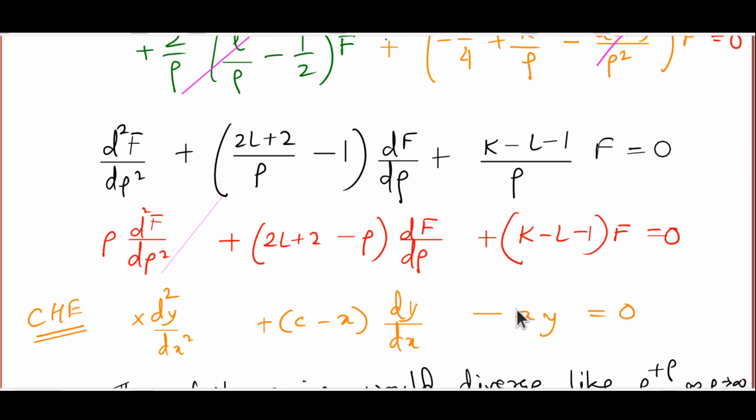A and c are the two parameters describing this problem, and you can see right now that apart from the fact that x is called rho in our equation and y of course is called capital F, this equation is exactly of this form, where c is 2L plus 2 and a is L plus 1 minus k.